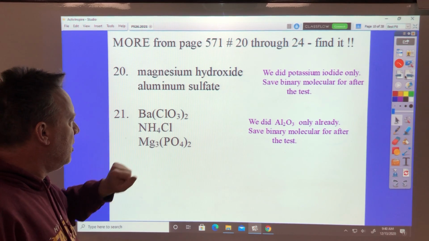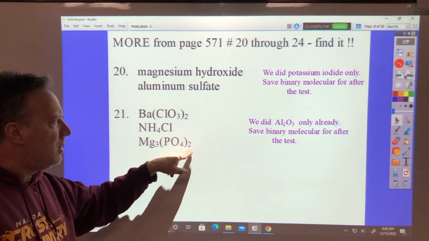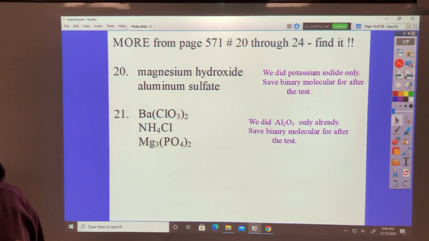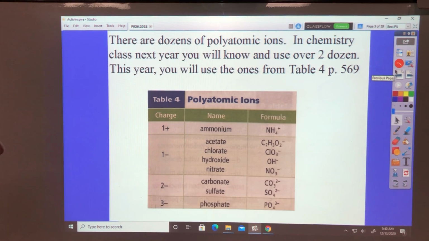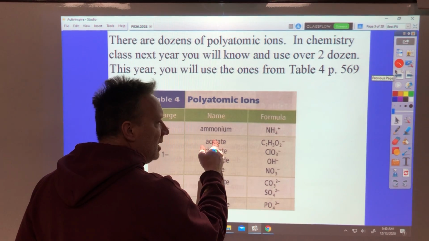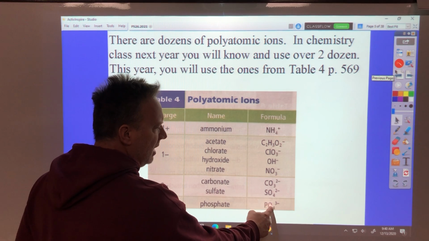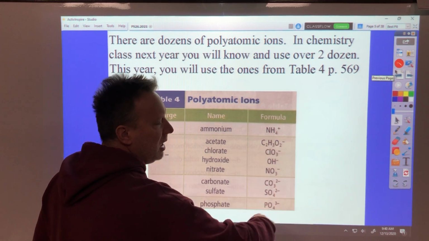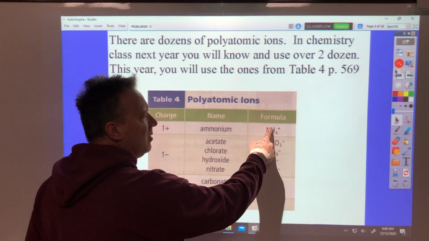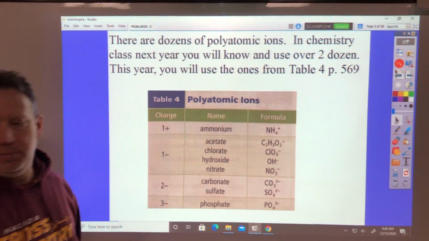BaClO3, NH4Cl, and Mg3PO4. Now the naming is a little easier. All you've got to do is use this table to find these guys, and that's the second name. Second name, second name, all those are negative. The only one that's positive that's going to be a first name is ammonium.